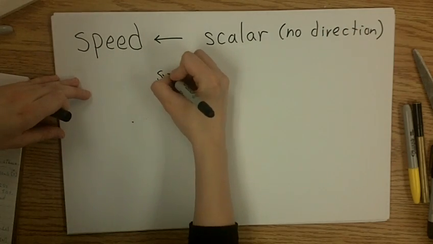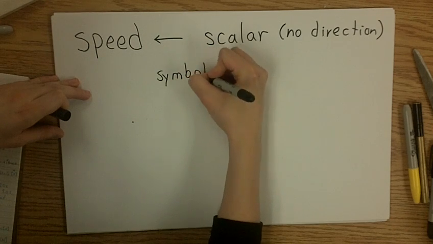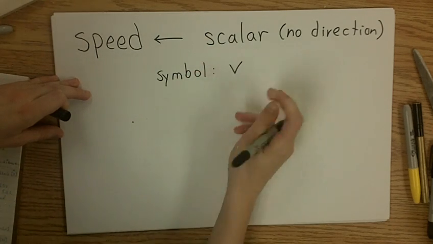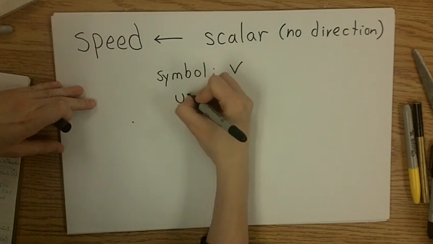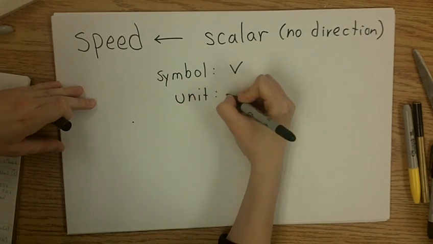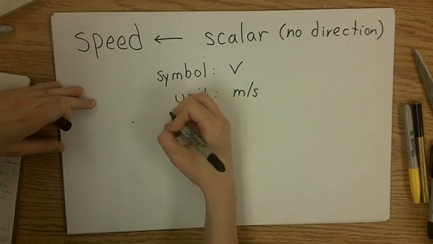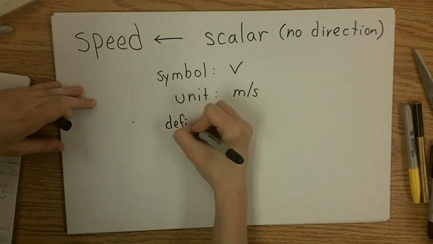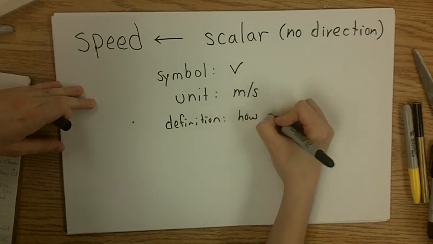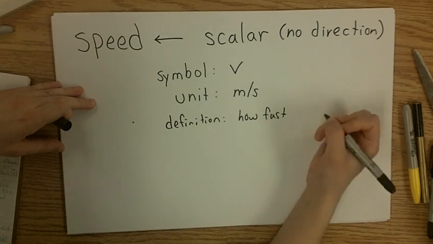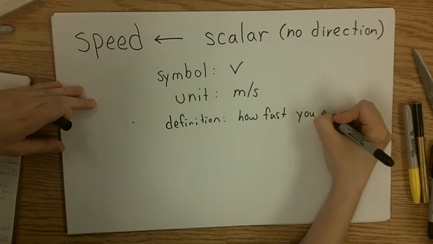It has the symbol v with no arrow above it because it's a scalar. The unit of speed is the meter per second, and its definition is simply how fast you are going.